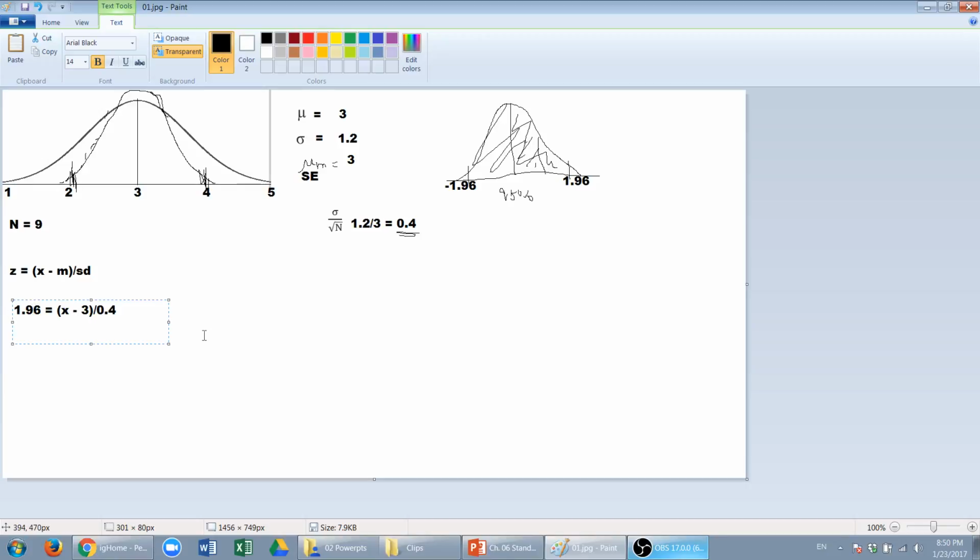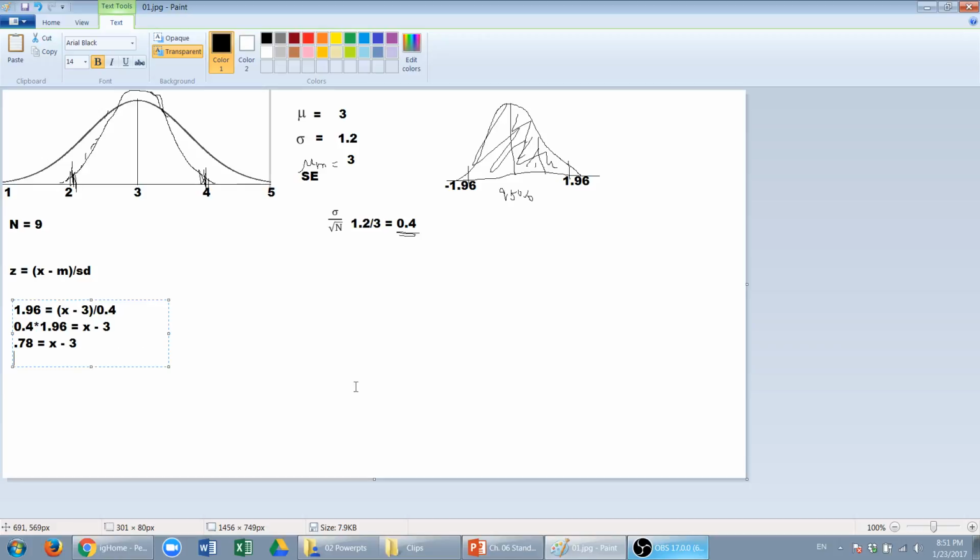So 0.4 times 1.96 equals x minus 3. The number you can calculate, but I guess it's about 0.78.